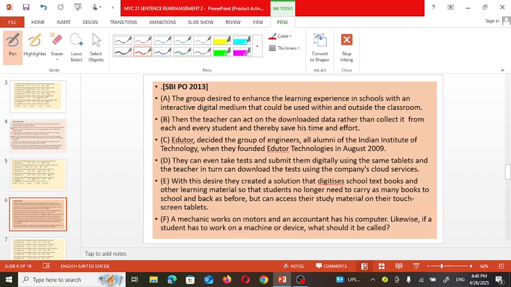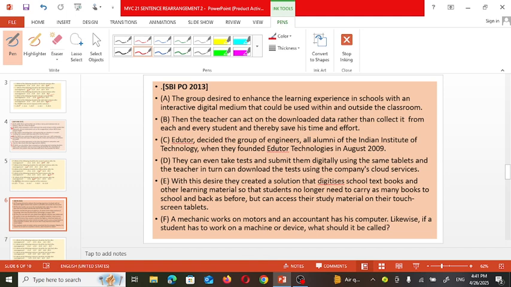Okay, so accordingly, while reading all these statements, we need to find out which statement should be the first one. Now see B statement. Then the teacher can act on the downloaded data rather than collect it from each and every student and thereby save his time and efforts.